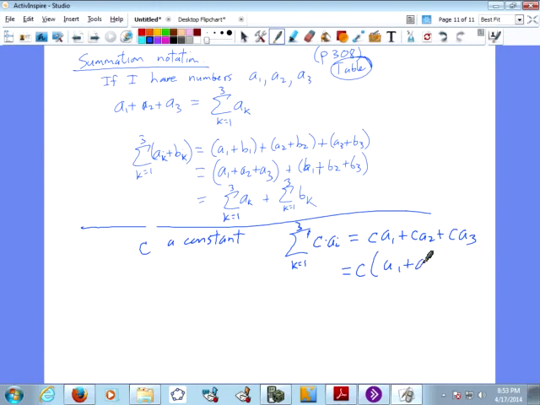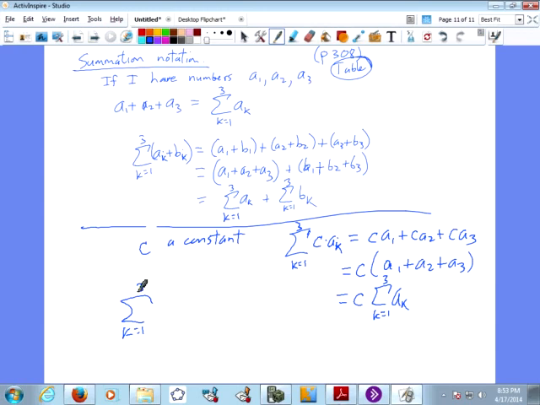That's C times the sum A1 plus A2 plus A3, which is C times the sum K going from 1 up to 3, A sub K. And again, that index should be K, not I. In other words, all that this formula, which is the third formula in that table, says is the distributive property of multiplication over addition. It's just elementary school arithmetic written in a really complicated looking form.